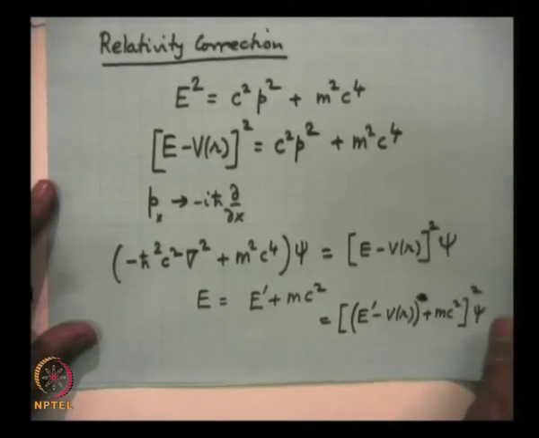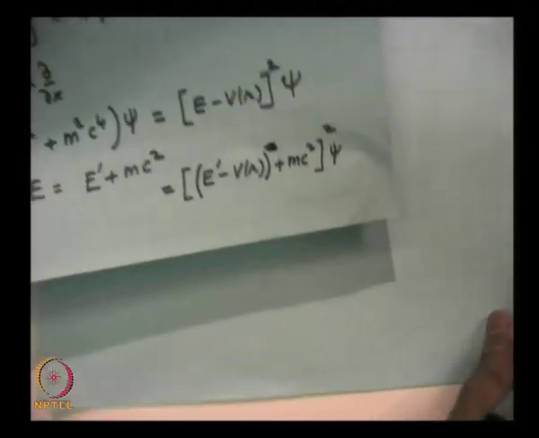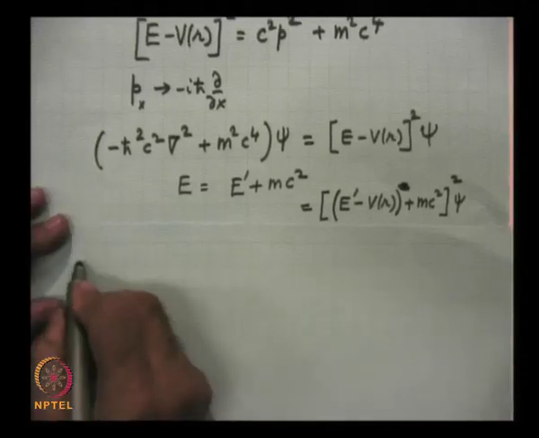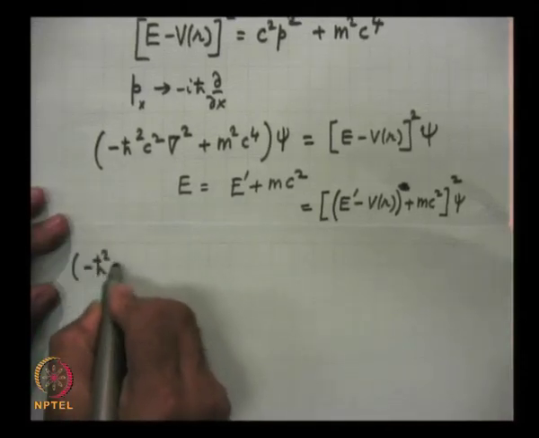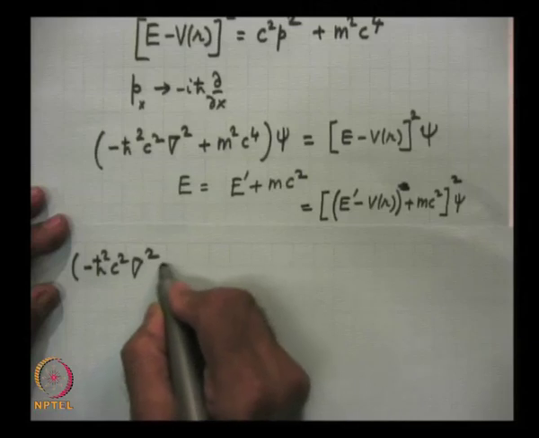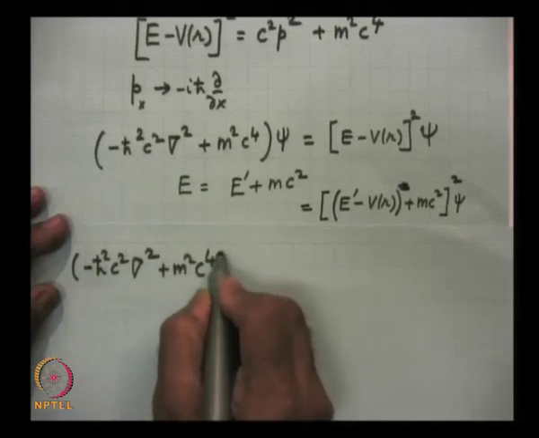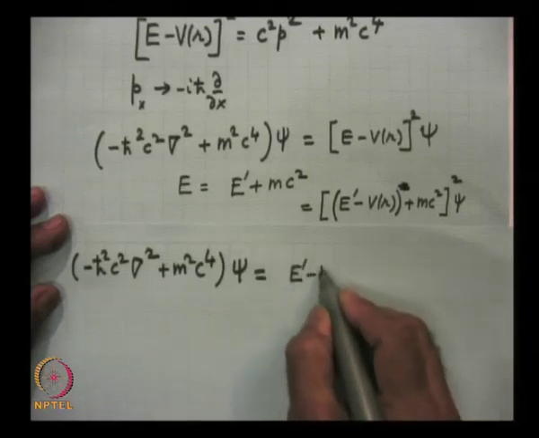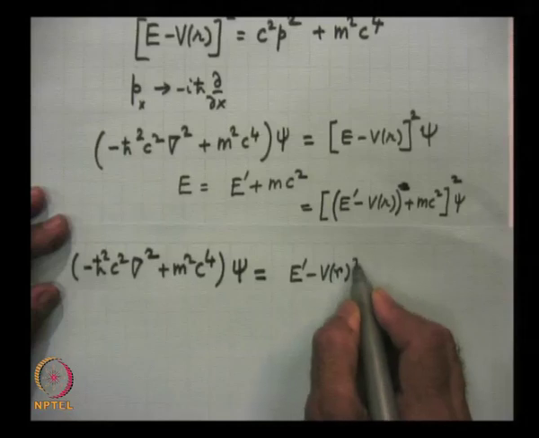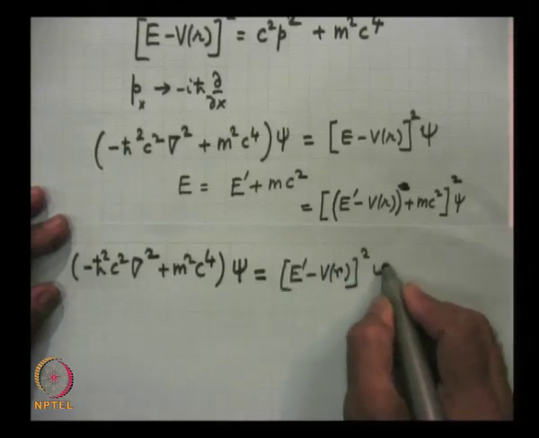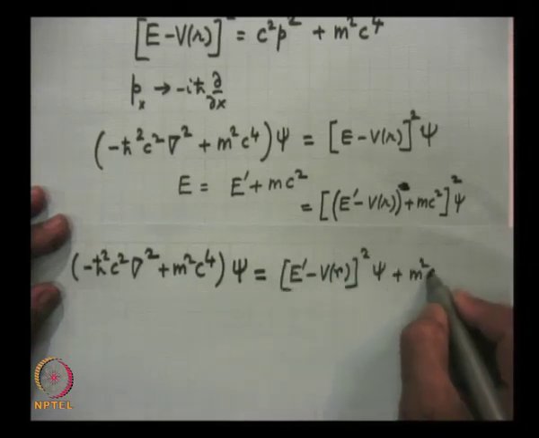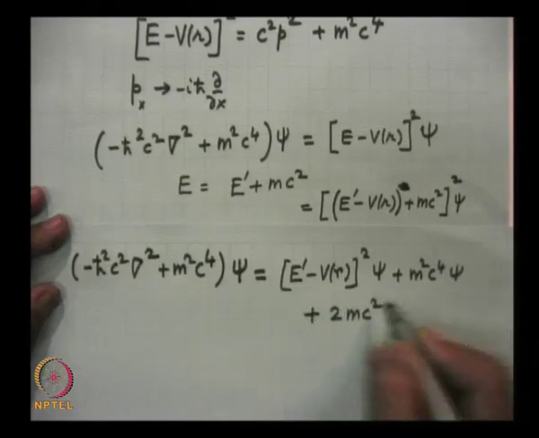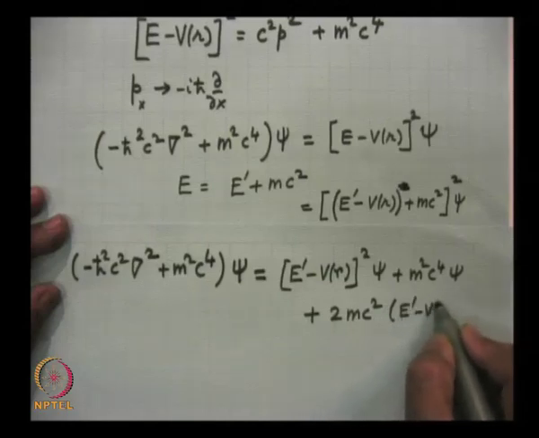So, I square this and obtain the following expression. You will get for the left hand side minus h cross square c square del square plus m square c 4, psi, is equal to E prime minus V of r whole square times psi, plus m square c 4 psi, plus 2 m c square E prime minus V of r psi.